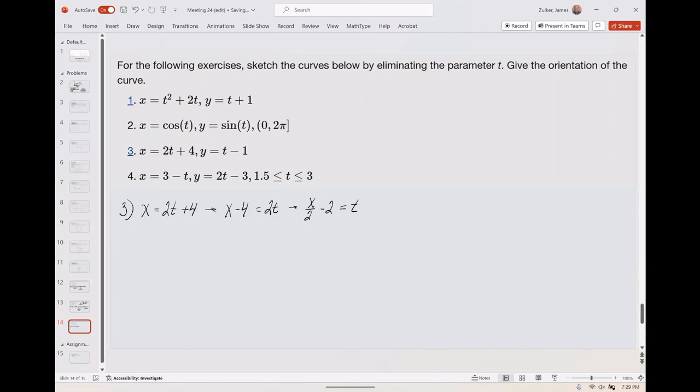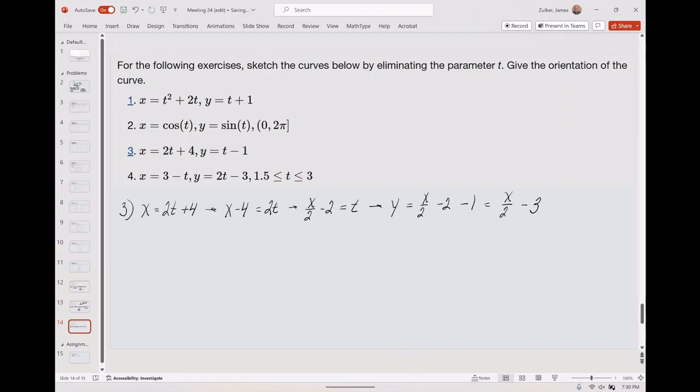Doesn't matter which one we pick here, either x or y, because they're both fairly simple to solve for t. So I just chose x. We're going to get y is x over 2 minus 3.